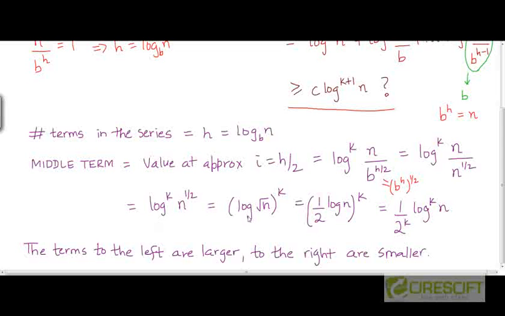Log of the square root of n, the whole thing raised to the power k, is equal to half of log n, the whole thing raised to the power of k, which is equal to 1 by 2 to the power k multiplied by log to the power k of n. So this is the middle term.